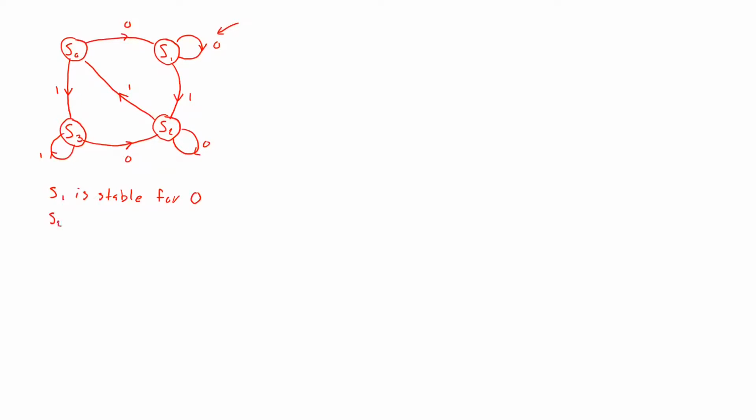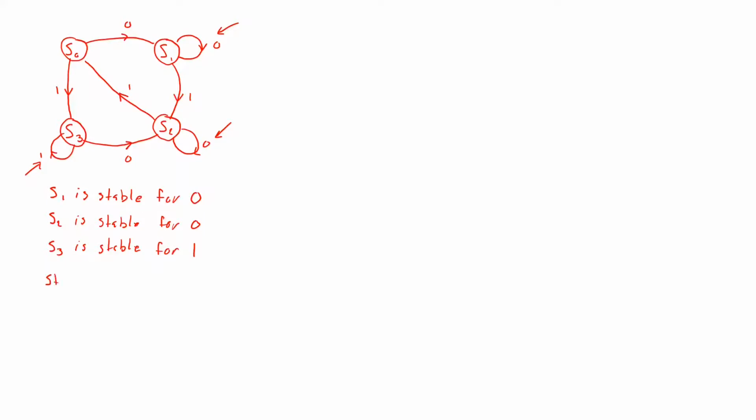Similarly, S2 is also stable for the input 0, because if we have the input 0 and we are in S2, we stay in S2. We can also see that S3 is stable, but for the input 1 in this case, because with the input 1, we stay in the state S3. However, the state S0 is not stable for any input.